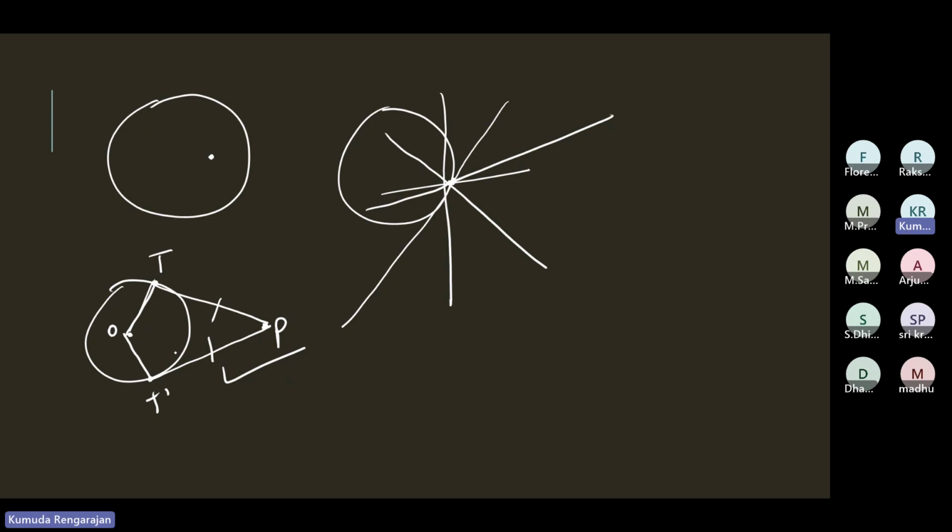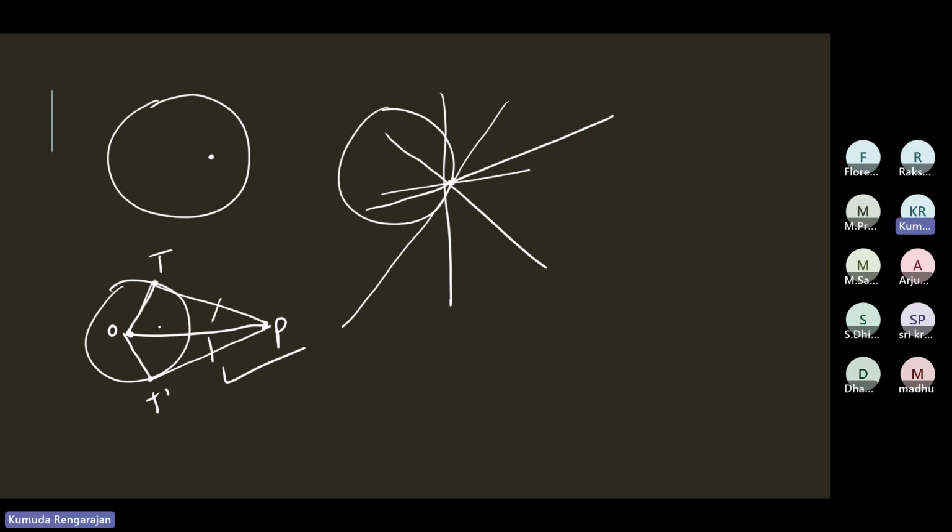Join OT and OT dash, and also OP, the line segment joining the center of the circle and the external point P. OT and OT dash are radii, and PT and PT dash are the tangents from the external point P. We need to prove that PT is equal to PT dash.